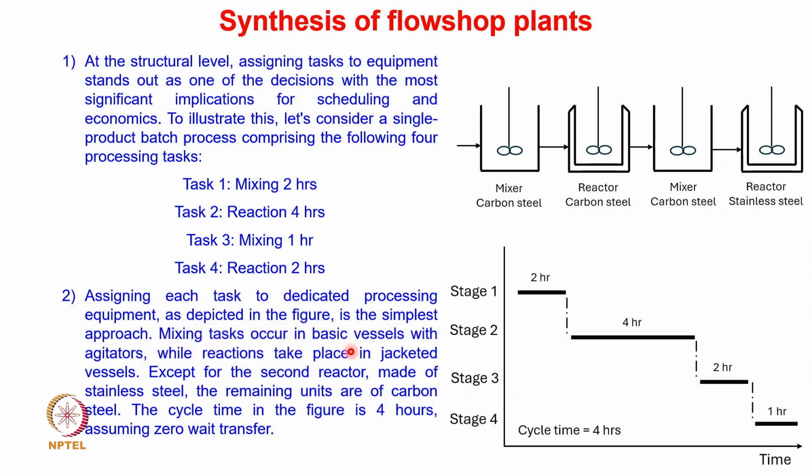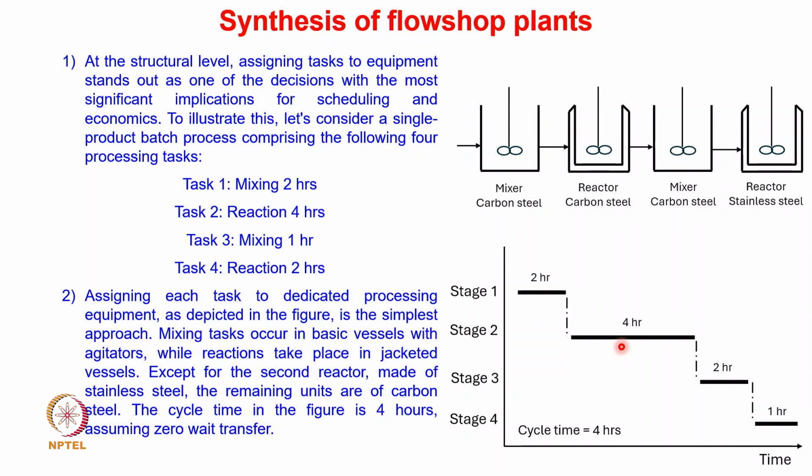Mixing tasks occur in basic vessels with an agitator, while the reactions take place in jacketed vessels, except for the second reactor, which is made of stainless steel. The remaining units are of carbon steel. The cycle time in the figure is 4 hours, assuming the zero wait transfer policy.